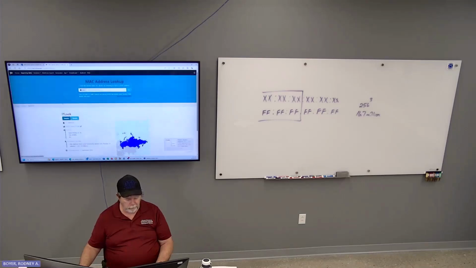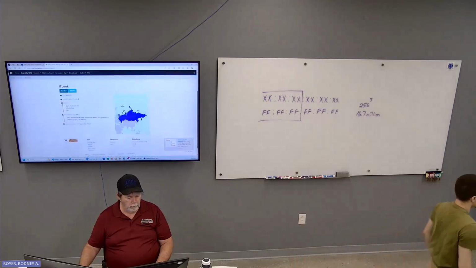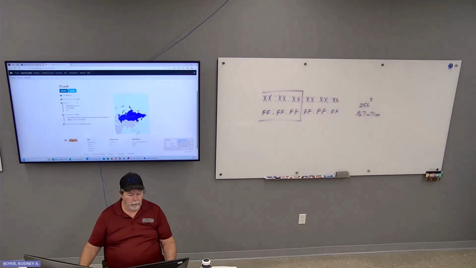Oh, here's one. You could look at a MAC address like a phone number. B4E025 is the OUI that is owned by IT Look, whoever that is. It's a Russian address.